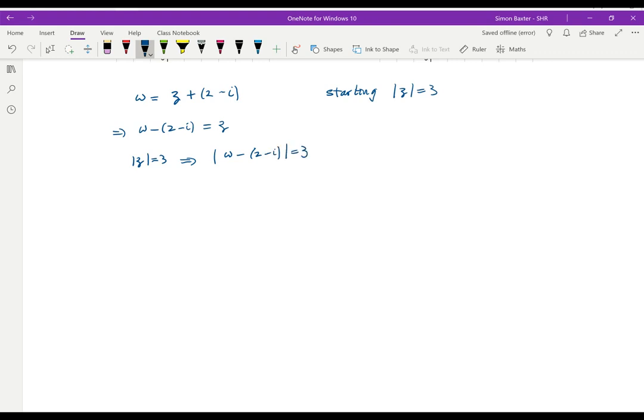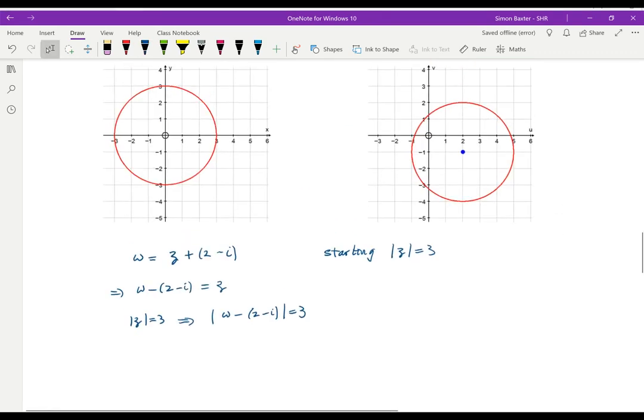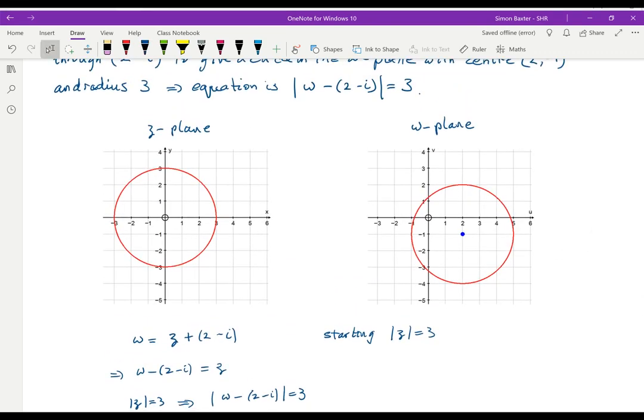And that is the equation of the circle that we had in the w-plane at the top of the page. So that we got by common sense. This we did by algebra. As I say, it's a very simple one, but the same technique is going to work for us with something more complicated.